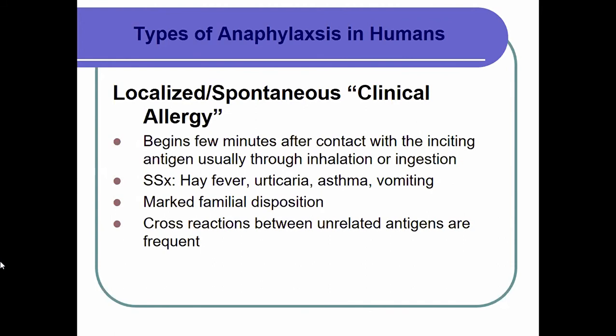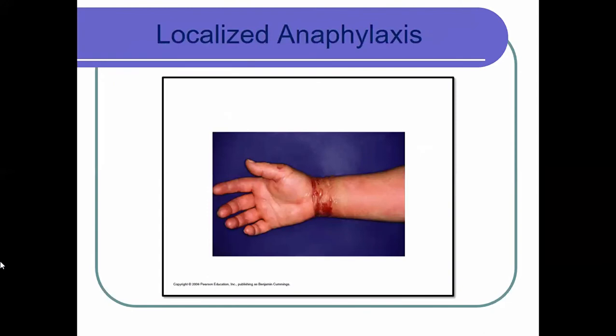Please take note that there is marked familial disposition in this. So again, family history. Cross reactions between unrelated antigens are frequent. So there can be cross reactivity, not necessarily with the initial inciting substance.